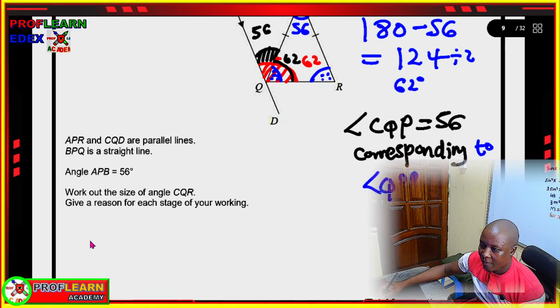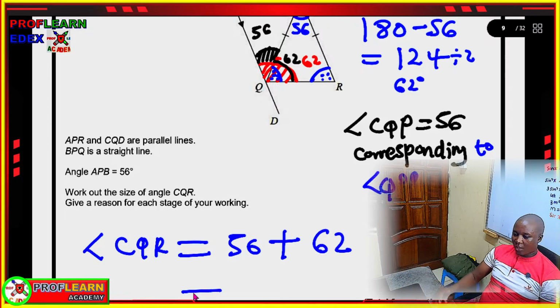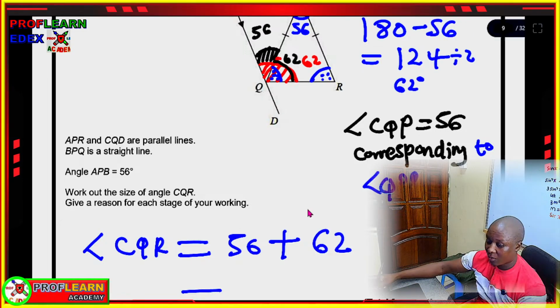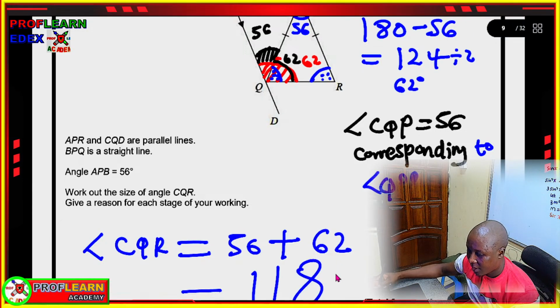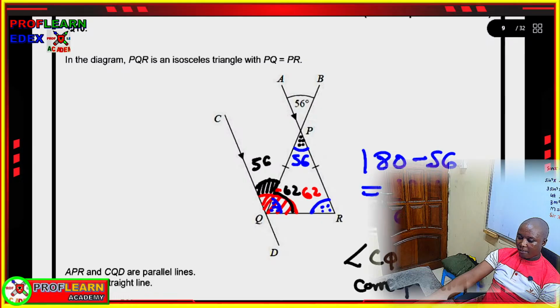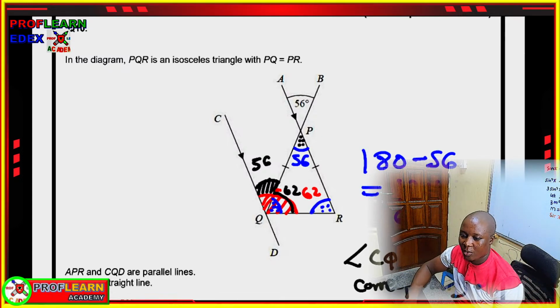Therefore angle CQR is going to be 56 plus 62, and if we add the two angles together, we are going to get 118 degrees. So you need to be in a position of working out questions to do with angles where you have a question like this.